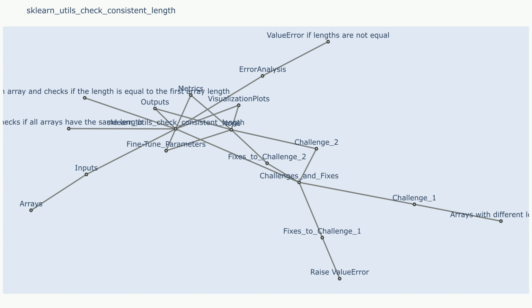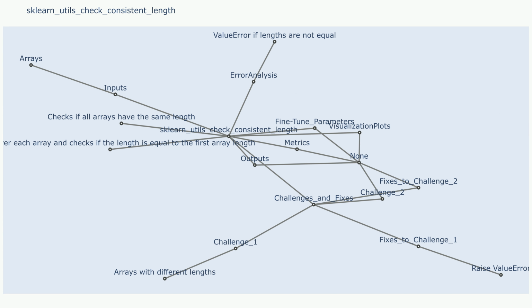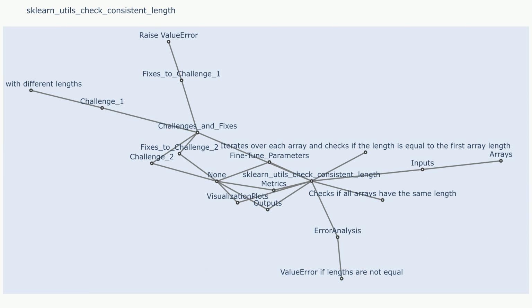Challenges and fixes. Challenge 1: inconsistent lengths in input arrays. Sample use case: if you attempt to fit a model with features and target variables that have differing numbers of samples, this inconsistency will lead to errors.